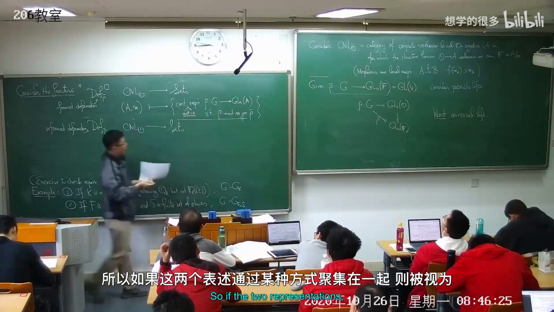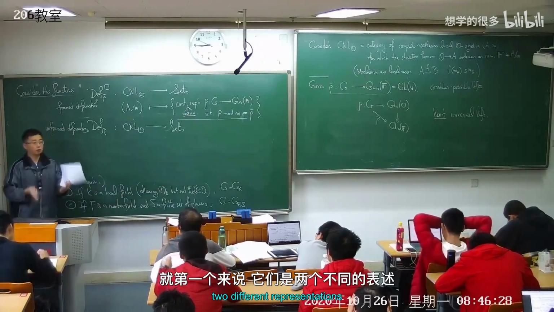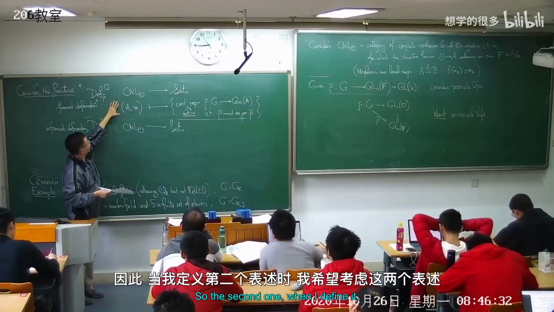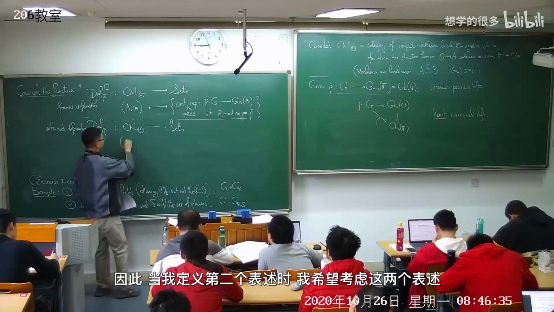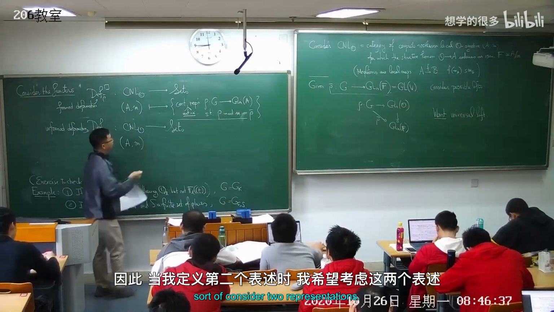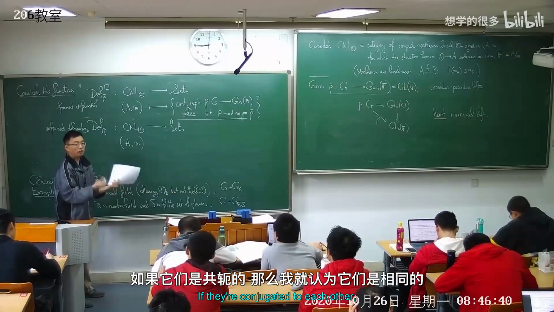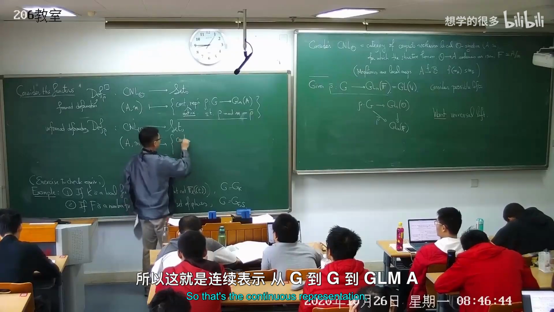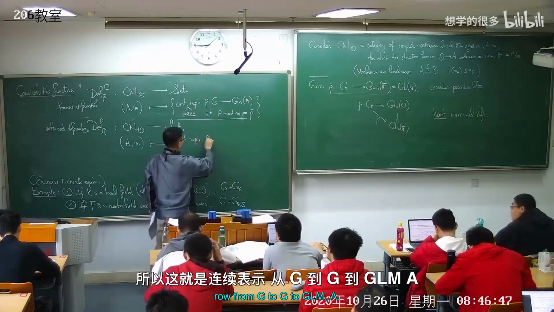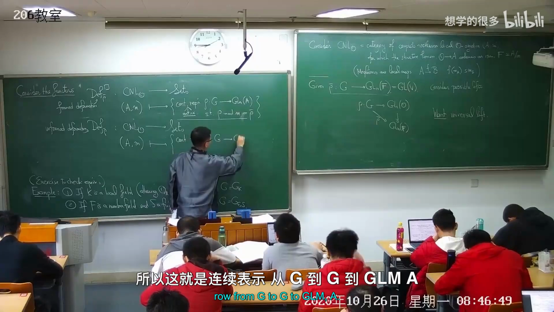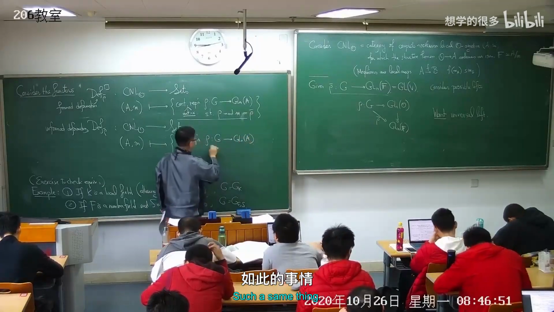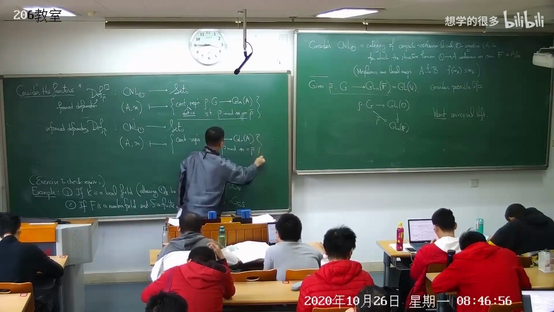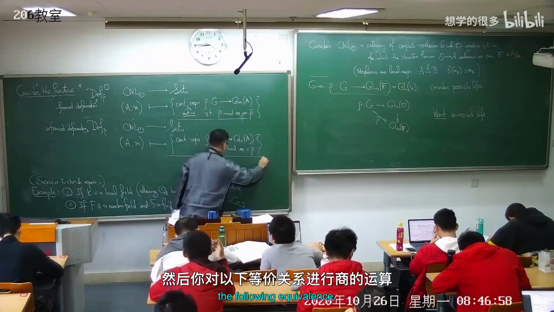So if two representations are conjugate, they're considered two different representations as far as the first one is concerned. For the second one, when I define it, if they're conjugate to each other, then I consider them the same thing. So that's the continuous representation rho from G to GL_n(A), such that the same thing, rho mod M equals rho bar. And then you quotient by the following equivalence.